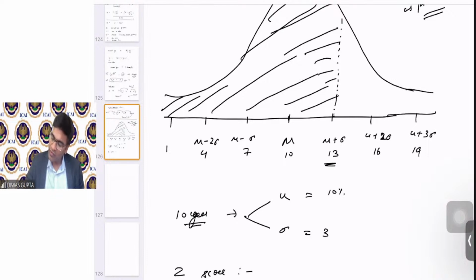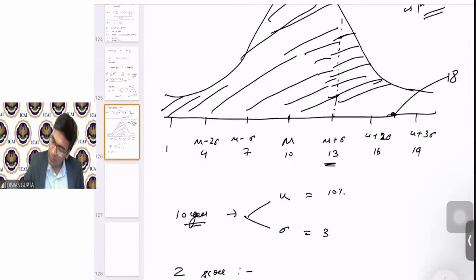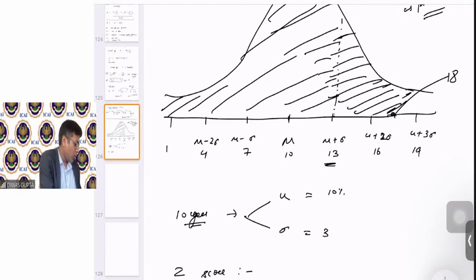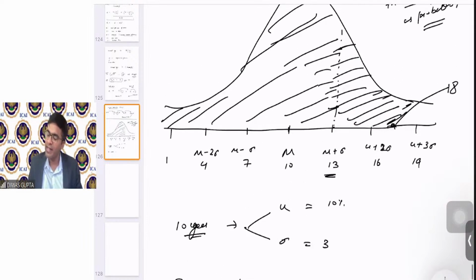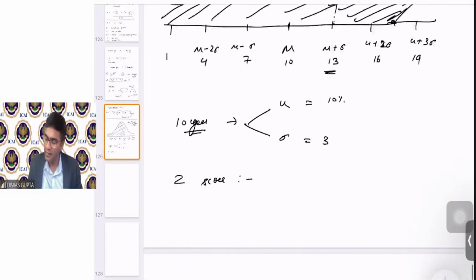Let's take an example of 18. See, 13 will be easier, but let me take an example of 18 here. What is the probability that the next outcome will be 18? So we are trying to answer that, correct?